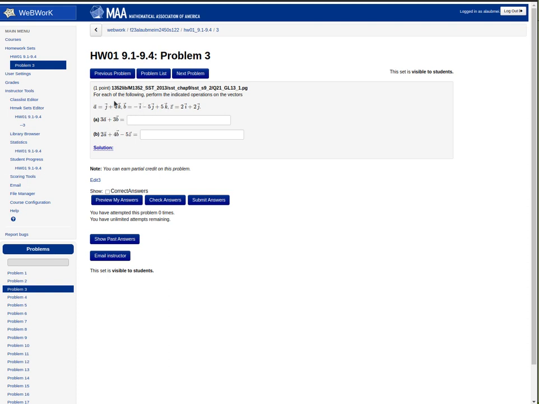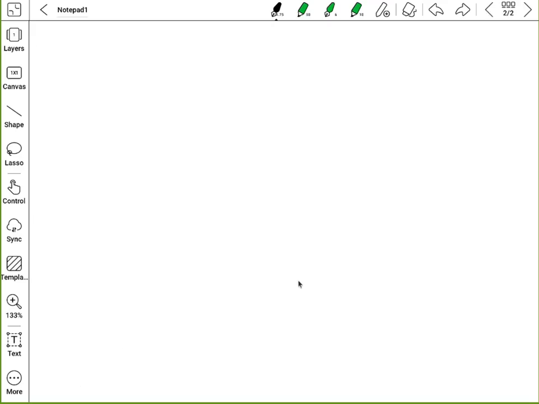The other thing that I'm seeing here sometimes is, for example, this A equal to J hat plus 4K hat. Just so you know, that's actually 0 I hat plus 1 J hat plus 4 K hat.